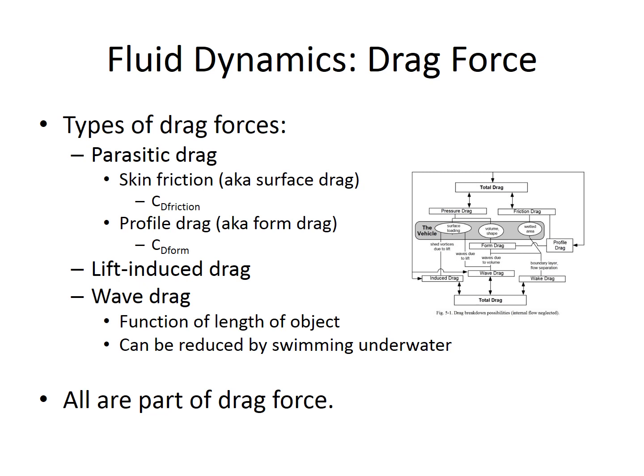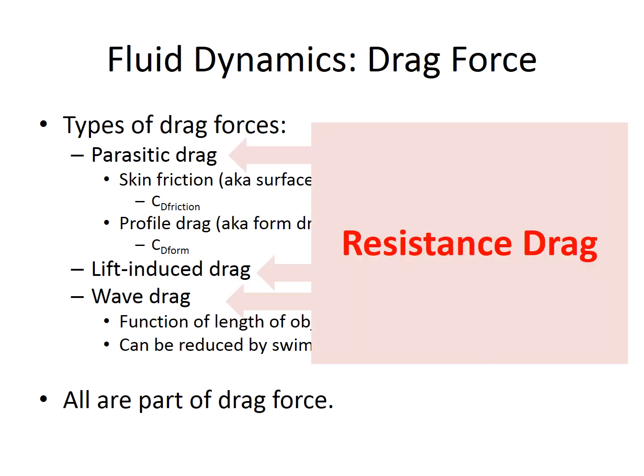There are all different types of drag forces in swimming. There's parasitic drag, skin friction, profile drag, there's lift-induced drag, there's wave drag. These are all worth going into, and this little cartoon on the right sort of talks about the complexity of drag forces. But what I want to do right now is just simplify our discussion of fluid dynamics, especially in water, and focus just on a category of forces that I'll call resistive drag.